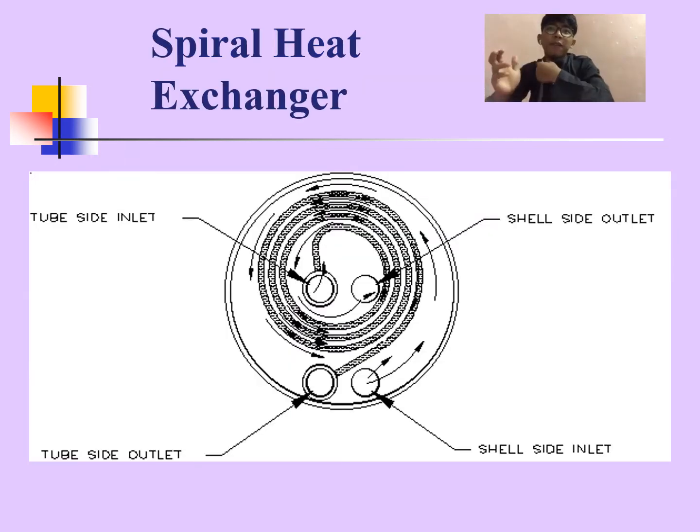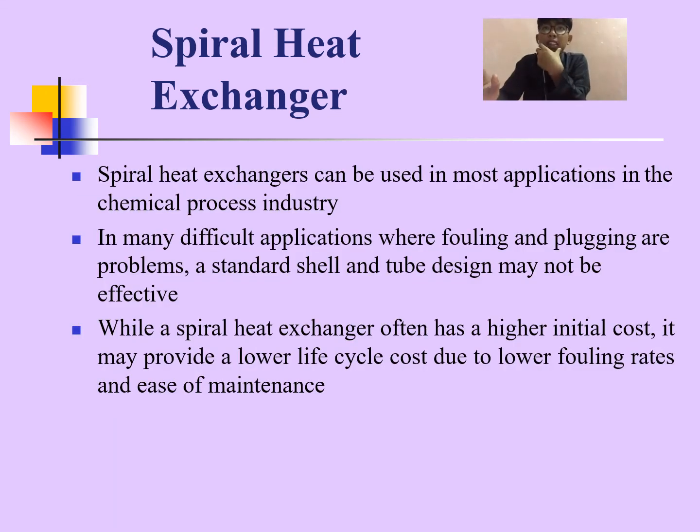And now, the last type of heat exchanger is the spiral heat exchanger. Look at the diagram. The spiral heat exchanger has a tube side inlet, shell side outlet, shell side inlet, and tube side outlet. Spiral heat exchangers can be used in most applications in the chemical process industry.